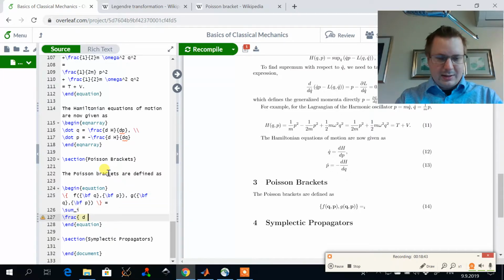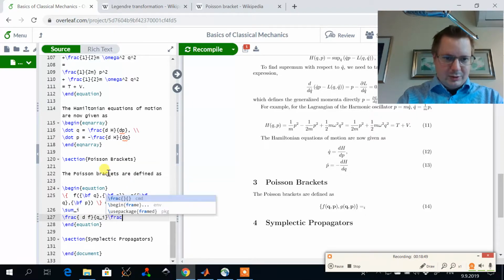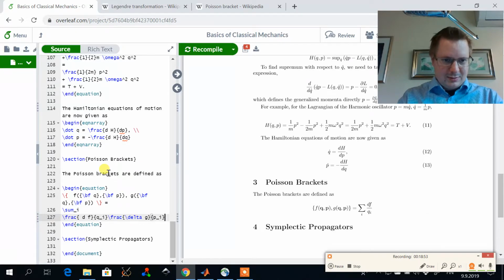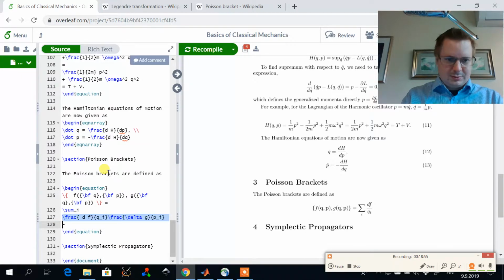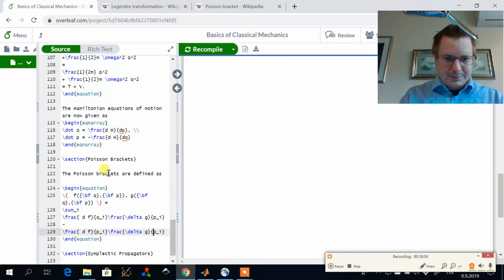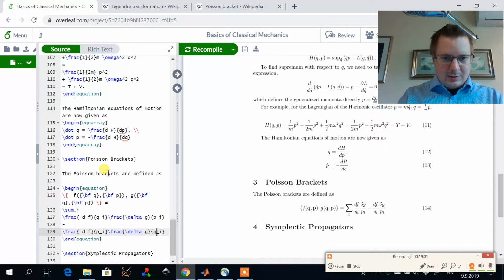And then the Poisson bracket with respect to that is given so that we take the derivative of f with respect to q and multiply it with the derivative of g with respect to p of that coordinate, and then minus the same with p and q switched, like so.